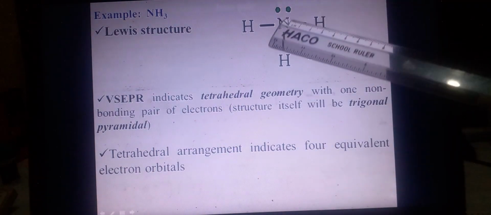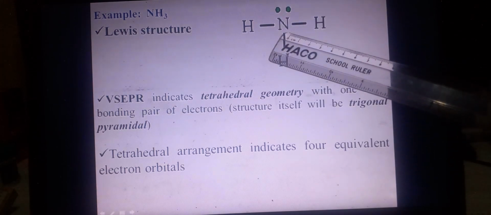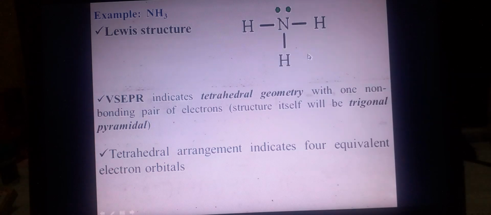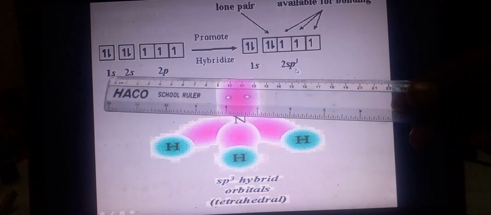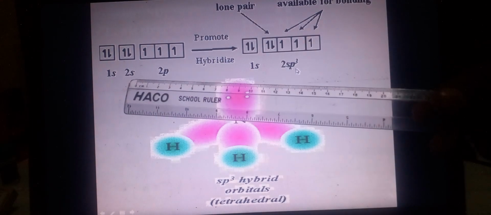So remember nitrogen has 7 electrons in total. When you write the electron configuration, you will find that nitrogen has the first 2 electrons occupying the 1s orbital, the next 2 in 2s, and the last 3 in 2p orbitals.